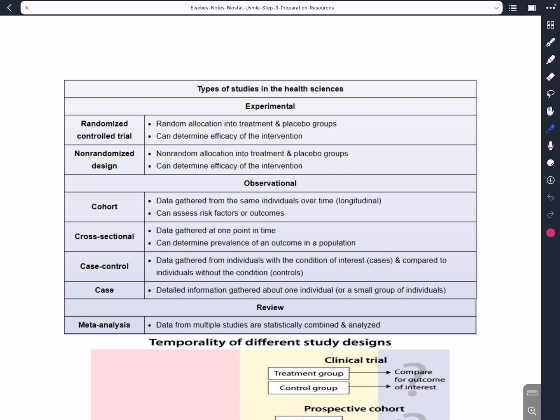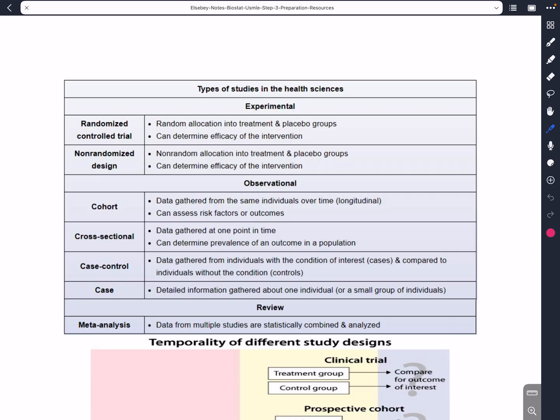So let's say you want to analyze the HIV prevalence in 2019. So you pick up results specifically from that year and you assess all the HIV results in that 1 year of testing. So that would be cross-sectional and you determine prevalence.